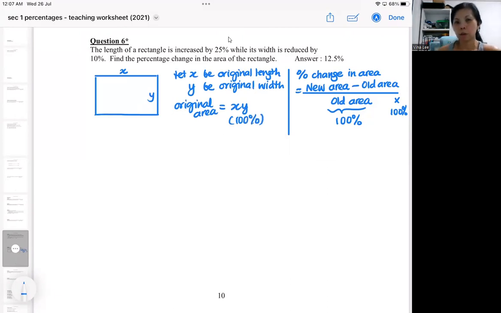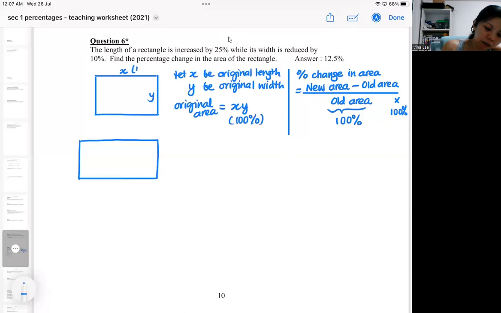After this, I'm going to get a new length, because the question says that the length is increased by 25%. You can draw another rectangle. This is the 100%, and now the new length will be 25% more, so that is like 125%.